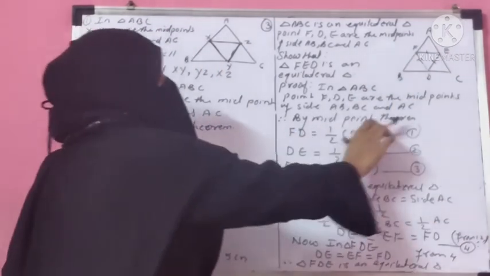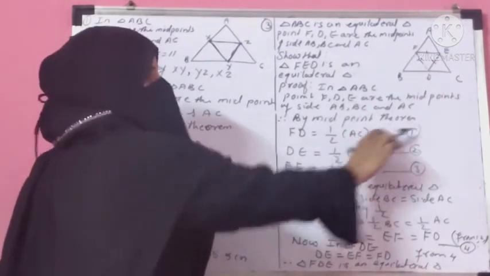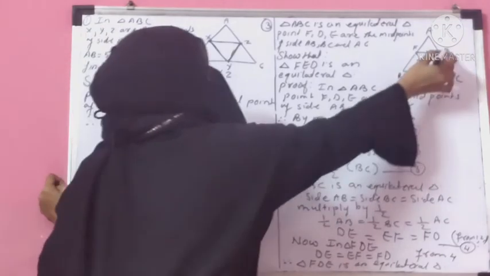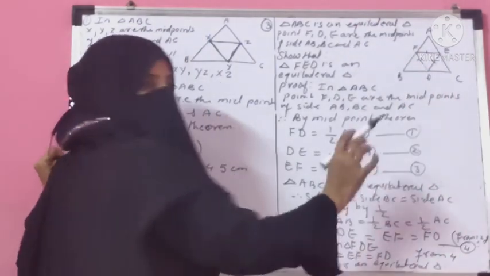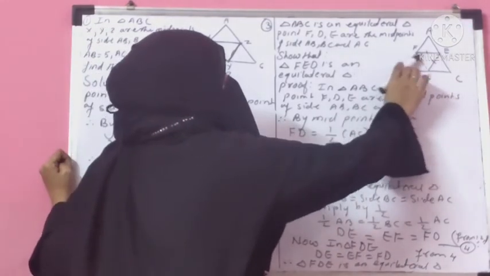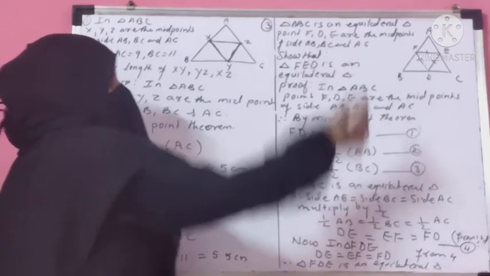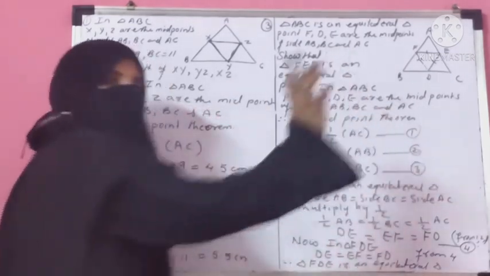So by the midpoint theorem, FD is the segment which joins the midpoints, is half of AC, number 1. And DE is half of the opposite side, that means AB. And EF is half of the opposite side, that means BC. So number 1, number 2, number 3.